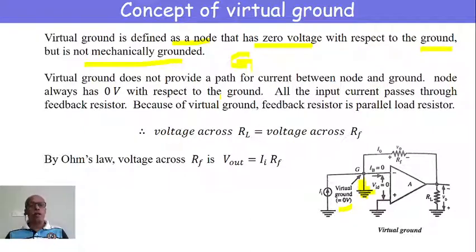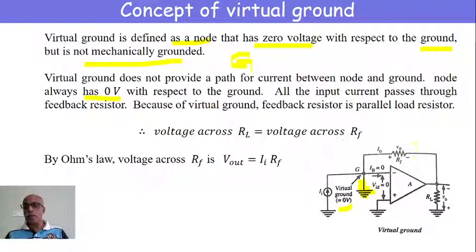And this virtual ground does not provide a path for the flow of current. Such a node will always have zero voltage with reference to the ground. Because of this, all the current passes through the feedback resistor.